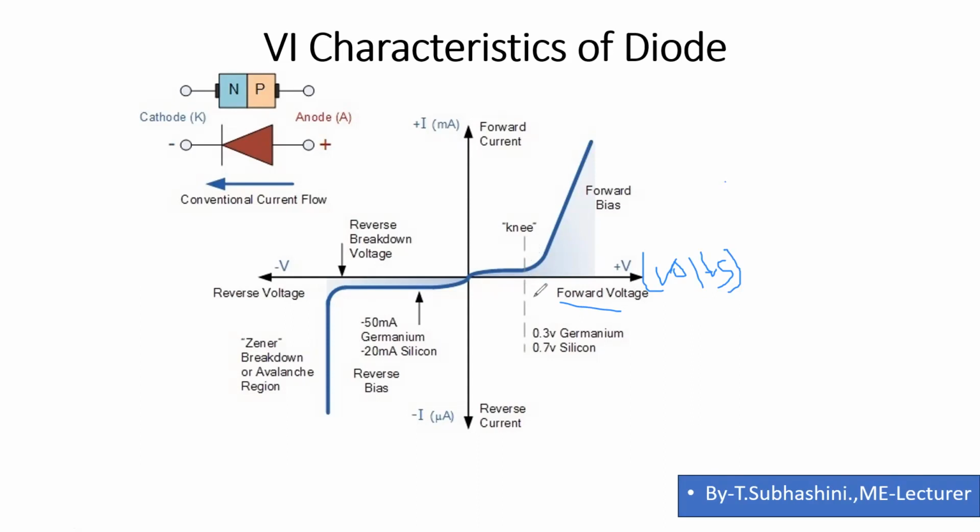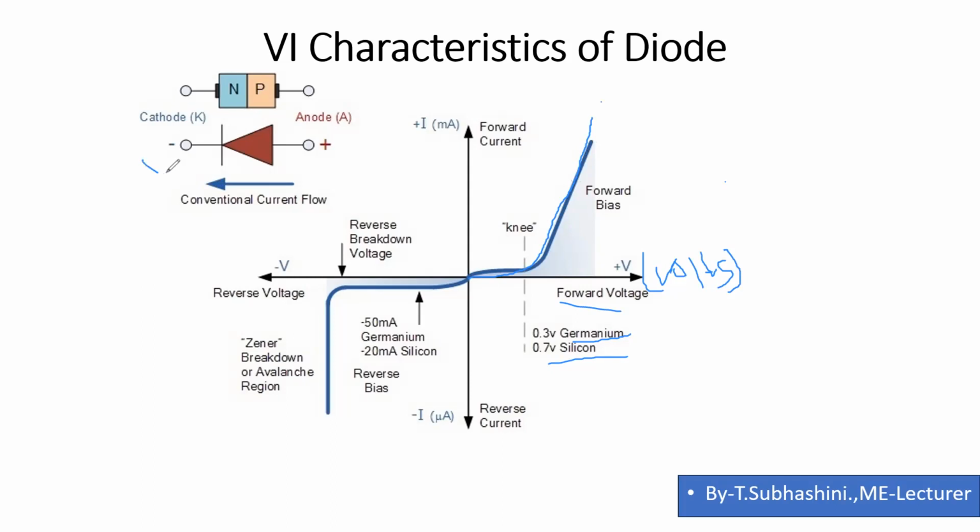When voltage is increased, for germanium it is 0.3 and for silicon it is 0.7, the diode starts conducting. There is a migration of electrons and holes, the depletion region breaks, and the forward current increases gradually.